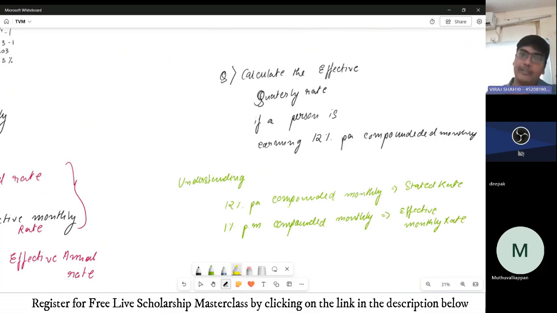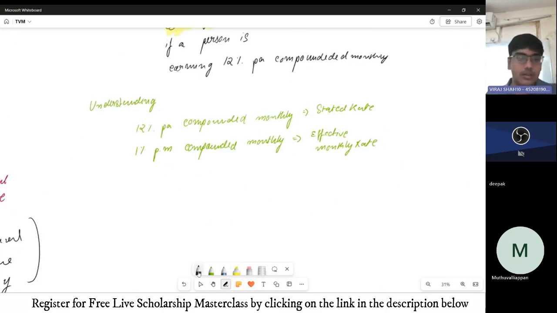What has changed from the previous question? We are, instead of effective annual rate, we want effective quarterly rate. Okay. We want what? We want effective quarterly rate. So let's assume X% per quarter compounded quarterly effective.